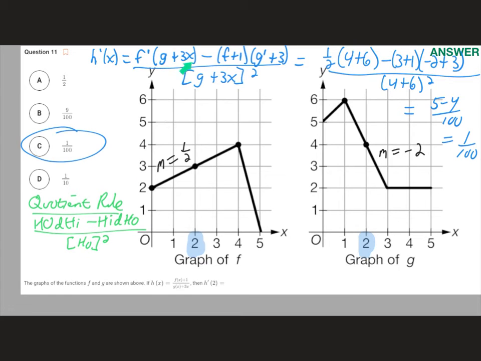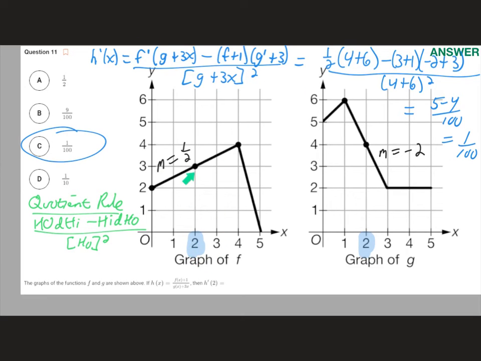So ho times the derivative of the top is just f prime, minus hi times the derivative of the bottom, which is right there, and then the bottom is squared. This isn't the best notation, but to save space, I got rid of all the x notations. So instead of writing f prime of x, I just wrote f prime. To substitute in for all these values, you need to look at the two graphs.